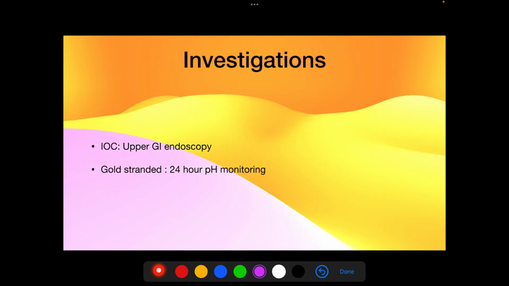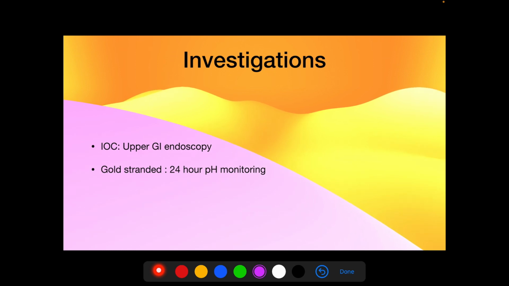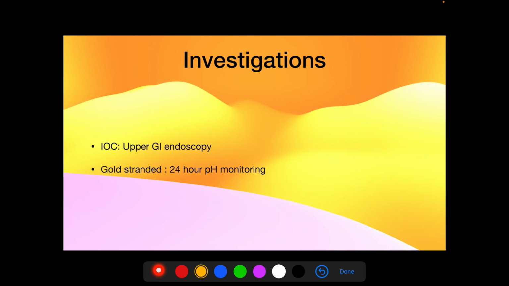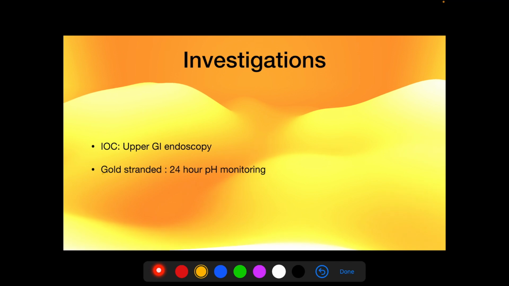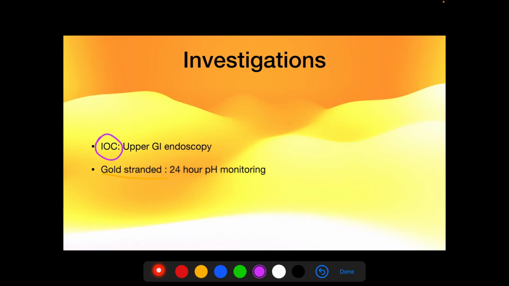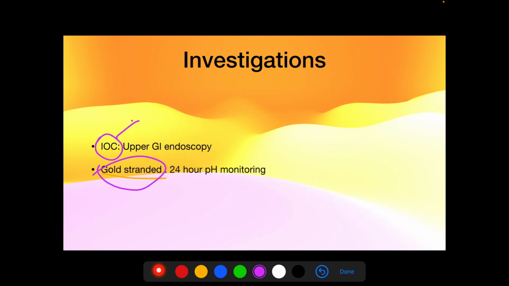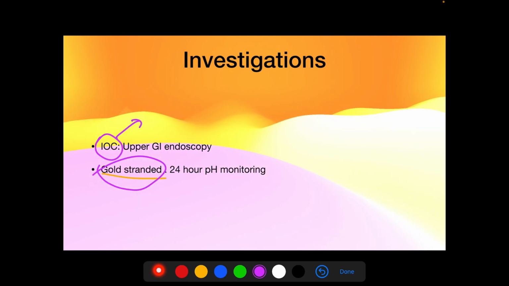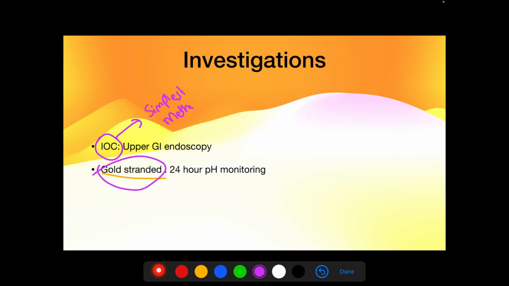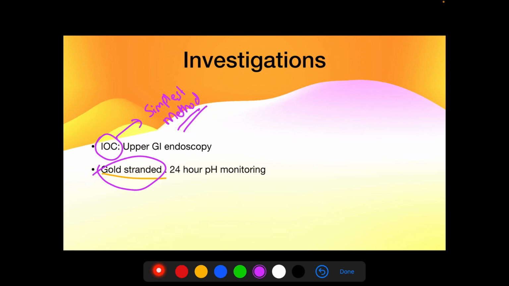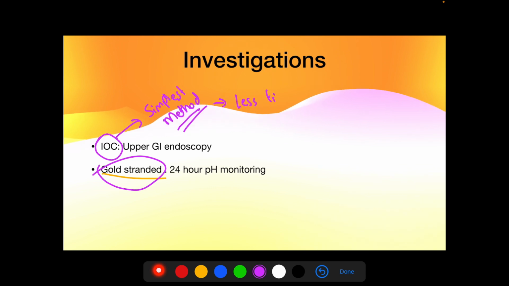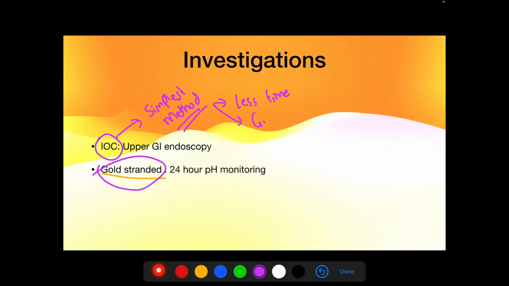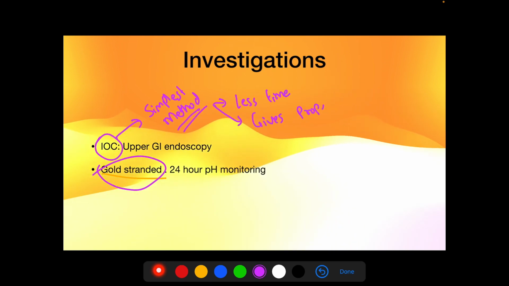Now, investigations. The investigation of choice is upper GI endoscopy, and the gold standard is 24 hour pH monitoring. So what's the difference between IOC and gold standard? IOC means investigation of choice, which is the simplest method for investigation, done in less time, and gives us a proper diagnosis.